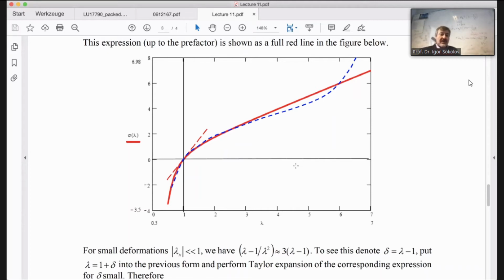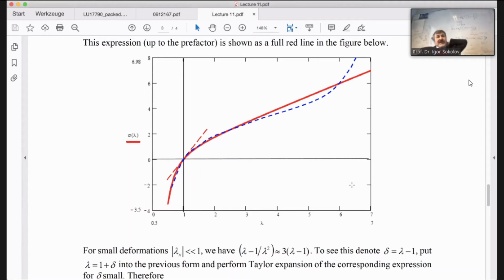So what you indeed see is this softening. What you don't see is the behavior for large elongations. So typically they say that if the number of crosslinks is not extreme on both sides, not too few, not too much, the theory works reasonably up to lambdas of the order of 5 to 10.